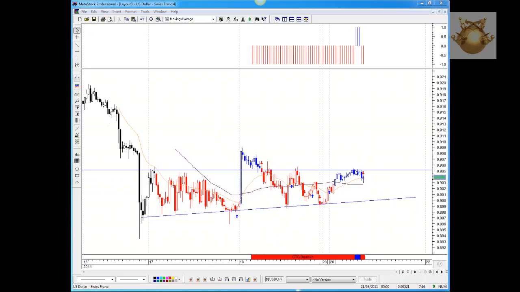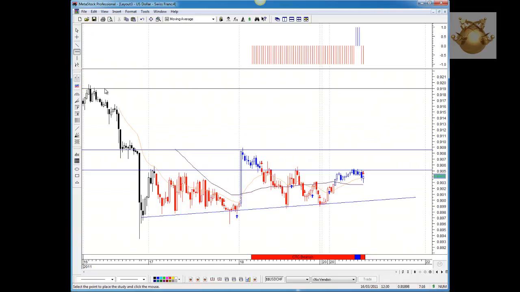We need to be trading higher than that because you can see it has been a prior resistance level in the past. Once it's done that, then we can look at 0.985 as the next target, and then further extensions to the upside, ideally with 0.919 being the ultimate target on this time frame.